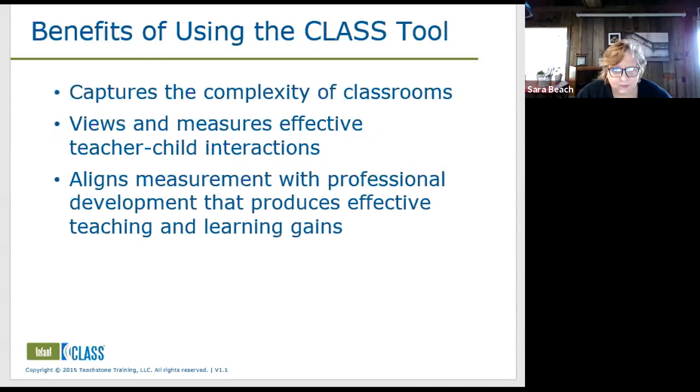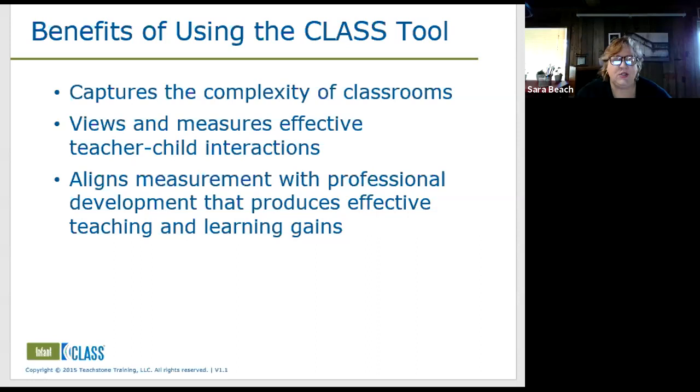And so the tool, I'm just going to go quickly now, captures the complexity of classrooms. We know classrooms are extremely complex because relationships are complex and interactions are complex. Sometimes they're subtle. Sometimes there's unspoken behavior. There is body language and tone of voice, and all those things go into relationships and interactions.